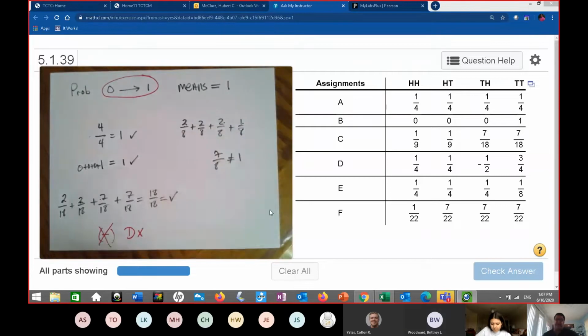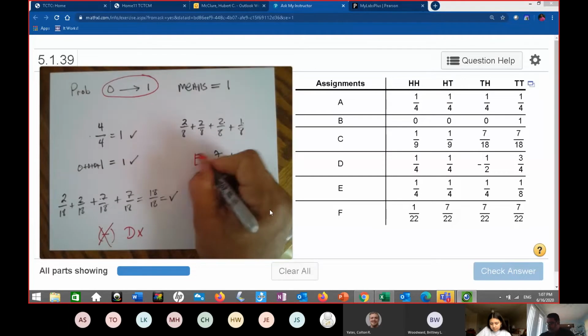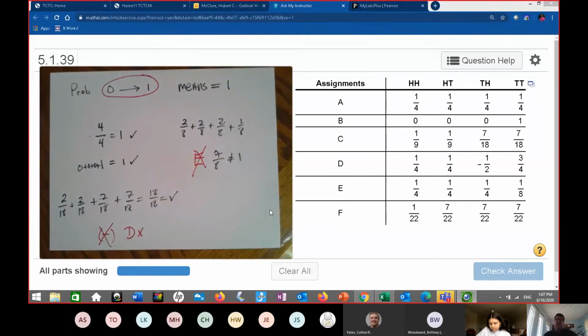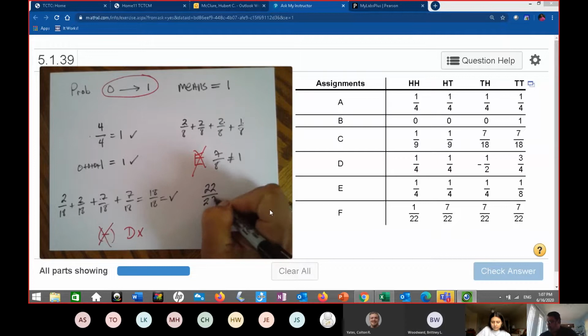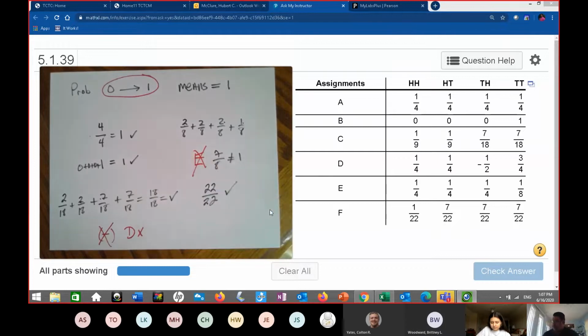Y'all check my math, though. So E is not a possibility. And let's check the last one. 21 plus 1 is what? 22. So 22 over 22 is 1, so F is good.